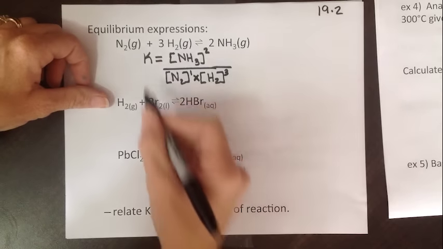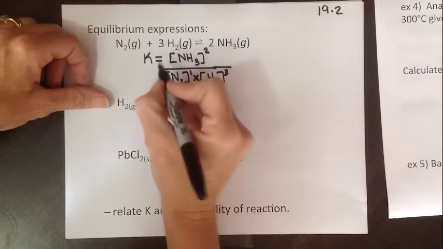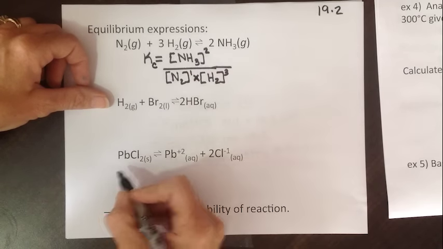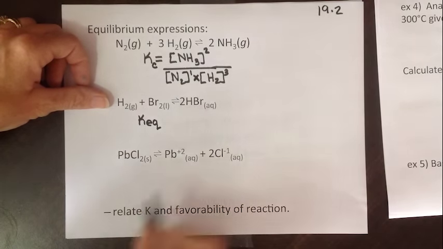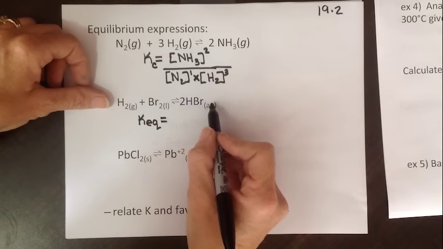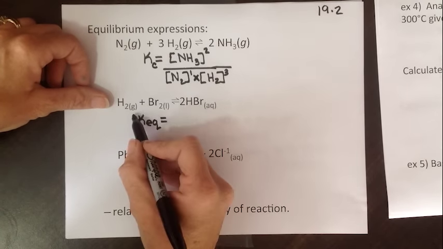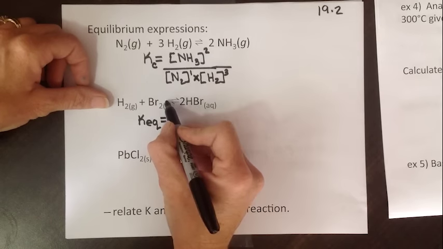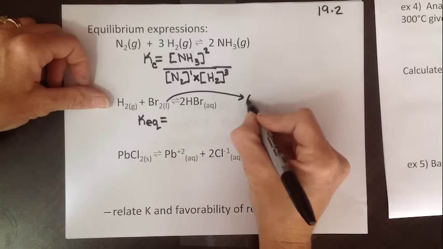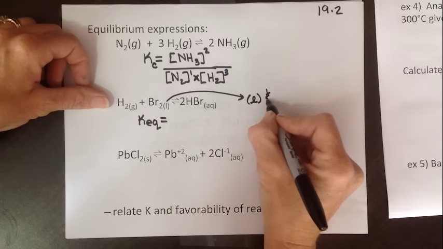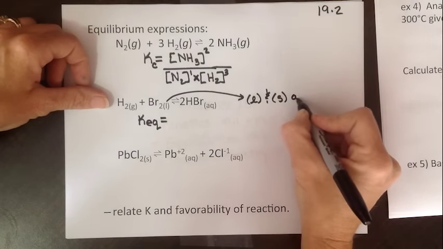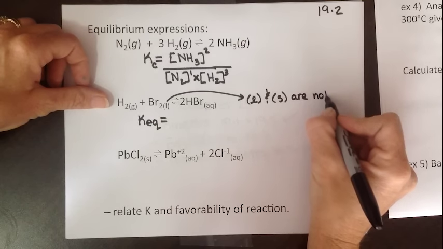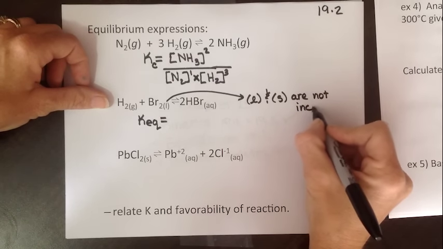Let's try another one. Sometimes they call it K, sometimes they call it KC, sometimes they call it KEQ. I don't really care. It's K. So on this one, I'm going to do products over reactants raised to the coefficient power. However, liquids and solids are not included. And you should want to know why.